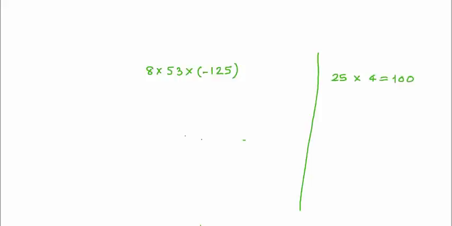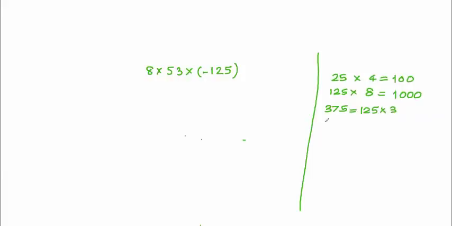Same way, when you see 125, look out for 8, because 125 into 8 is 1000. Now, 125 has some more multiples which are also important. For example, 375, because 375 is equal to 125 into 3.